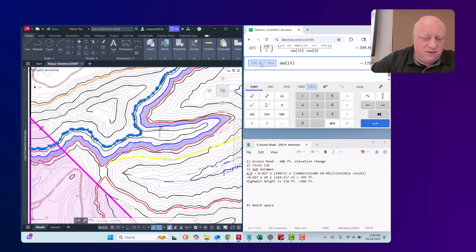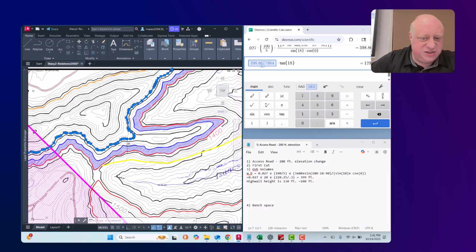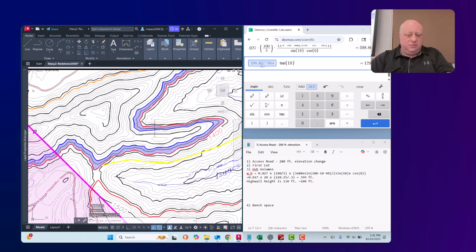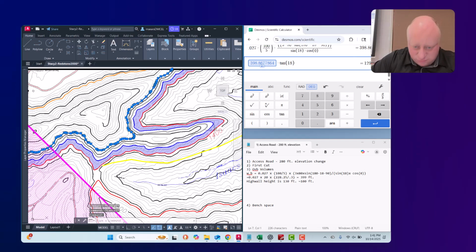You're not going to have to put this point back on here as an approximate original contour. So that's something you would have to keep in mind if you were doing this project in real life. But for the purposes of this project, I'm going to say that whole point goes. You just surface mine the whole thing.